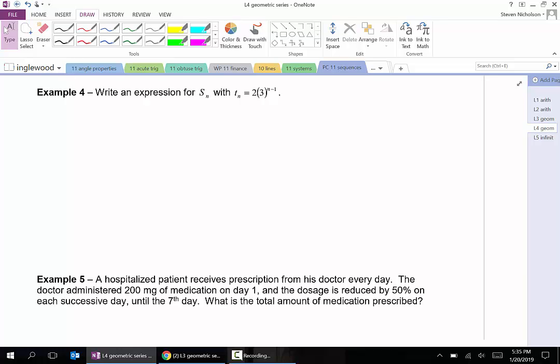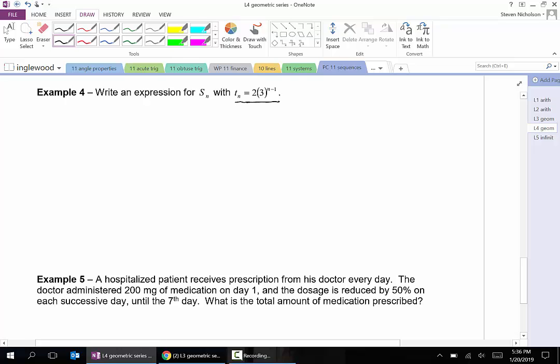S of n means obviously we don't have the nth term. We don't know what it is. And we don't have the last term, which is actually T of n as a number.